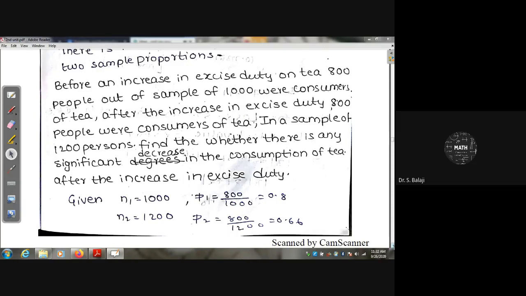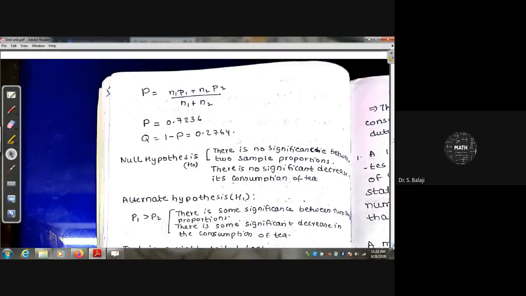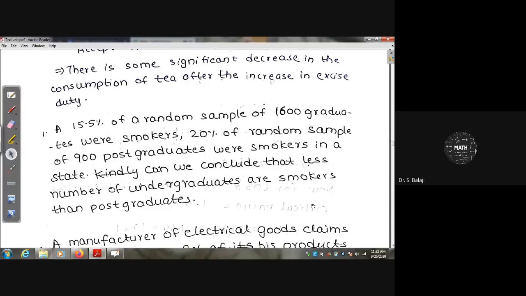Then I will give one problem for your exercise and try and solve that. All of you take this problem here for your exercise. 15.5% of a random sample of 1,600 undergraduates were smokers. 20% of a random sample of 900 postgraduates were smokers in a state.